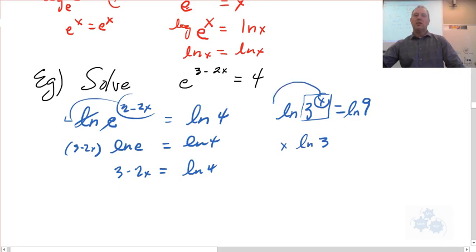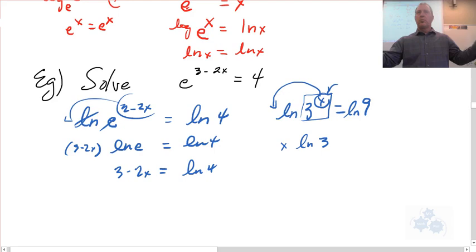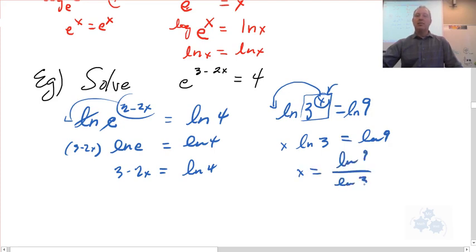It's kind of like this exponent can come out of the exponent position and down as a regular coefficient. And that's what's really important about logs, because that helps us solve for variables in the exponent position, because we don't have an algebraic way to do that without logs. So that's why logs are really helpful. So then this is what we have, and then x equals ln of 9 divided by ln of 3.